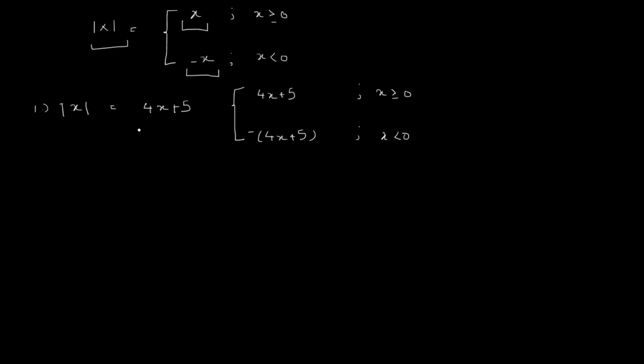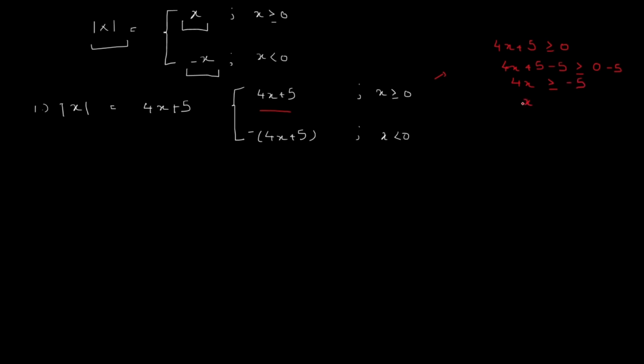Let's solve first for these values. When is 4x plus 5 greater than or equal to 0? Subtract 5 from both sides. This gives us 4x is greater than or equal to minus 5.